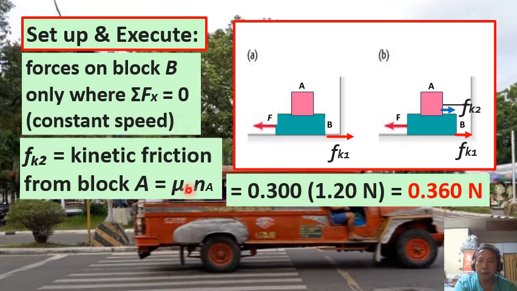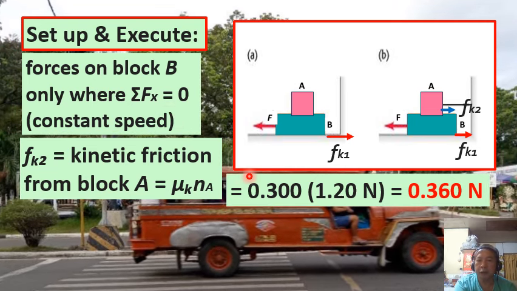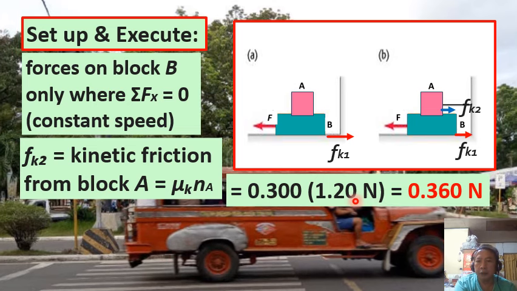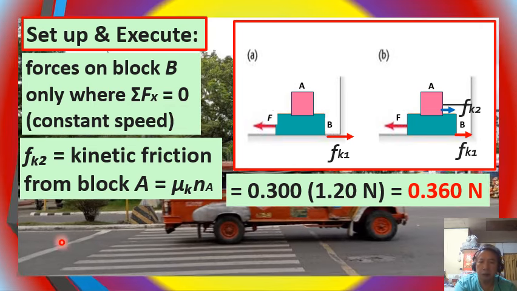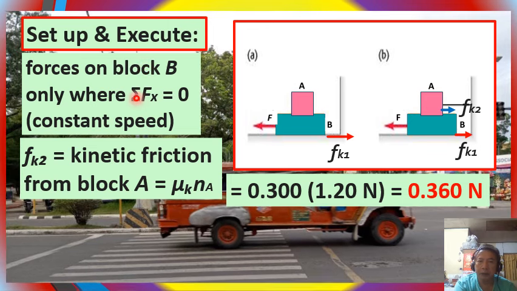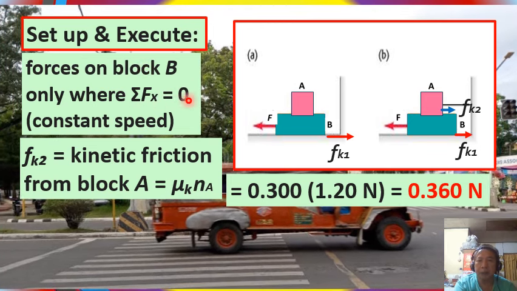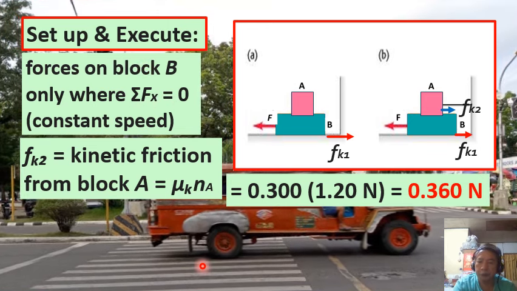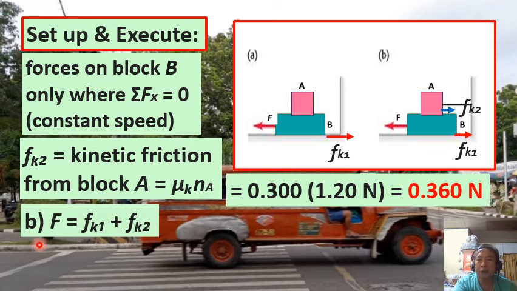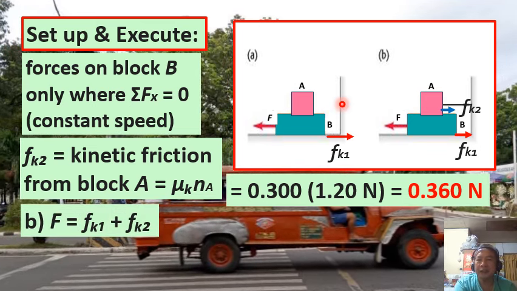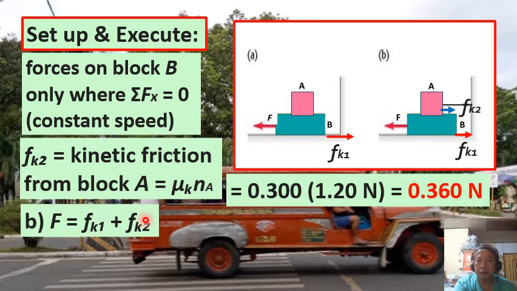So we can now execute our dynamic equilibrium equation, the summation of F_x acting on block B equal to 0, with the force F isolated, since it's our target variable.